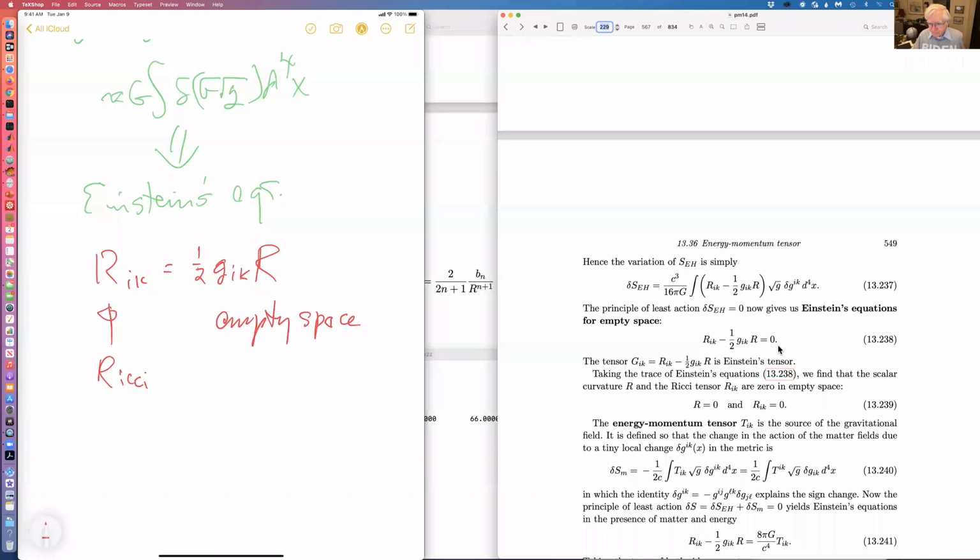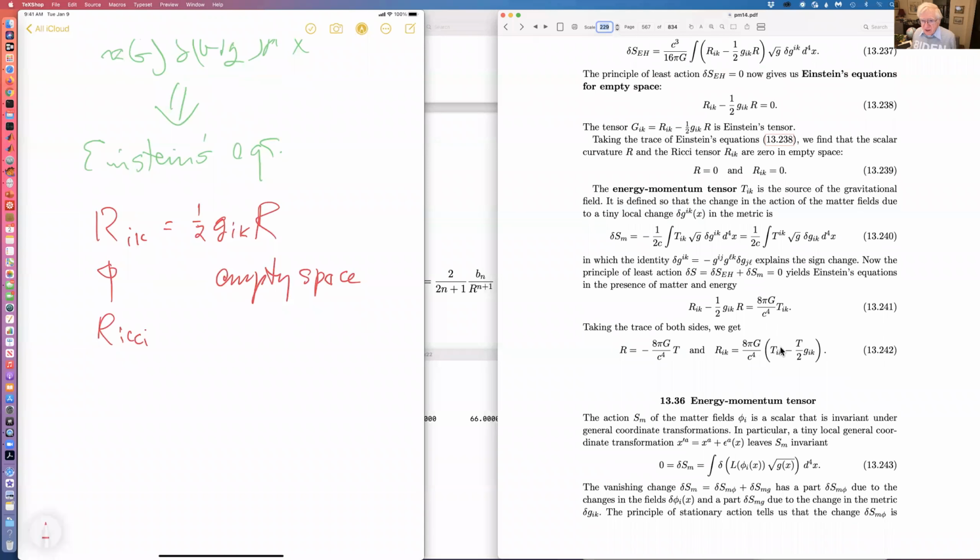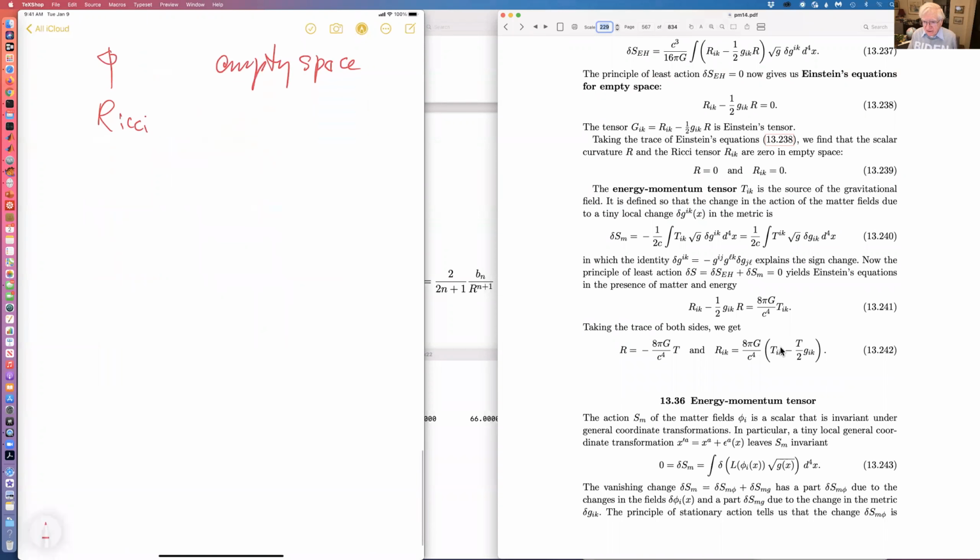What one does to include matter is one sets the change in the matter action as 1 over 2c, an integral of something called the energy momentum tensor, square root of g, and then the change of the metric, delta g^{ik}, d^4x.